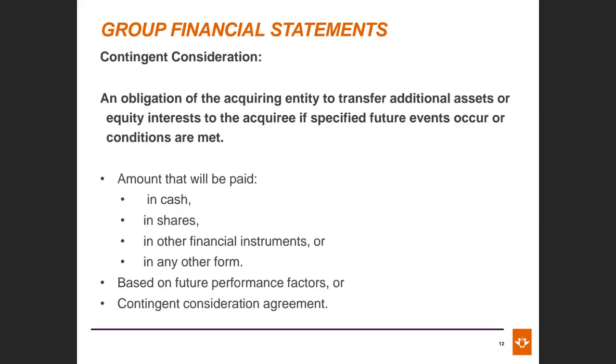So here for contingent consideration, what is a contingent consideration? It is an obligation of the acquiring entity to transfer additional assets or equity interest to the acquiree if specified future events occur or conditions are met. Okay, so it is basically going to be an additional payment or an additional issue of shares if certain events occur.